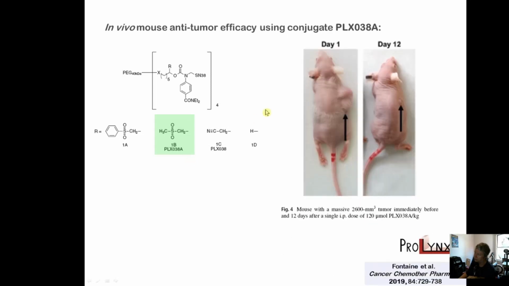So what they did, this is a pretty dramatic illustration, day 1, day 12. This is a mouse with a massive tumor. I think it's a xenograft tumor. So they would inject the mouse with tumor cells, and they actually grow to a pretty sizable mass. And then at day 1 they inject PLX038A, and at day 12, look at that, the tumor's gone.